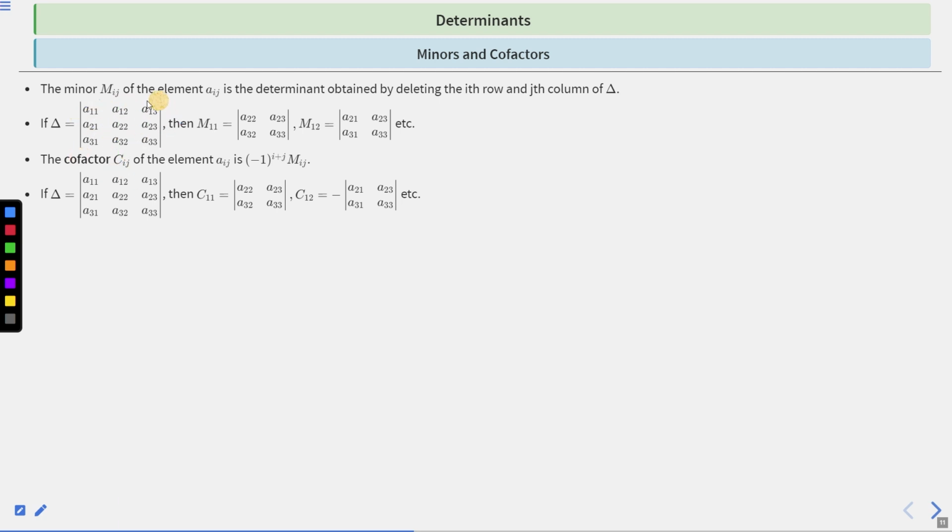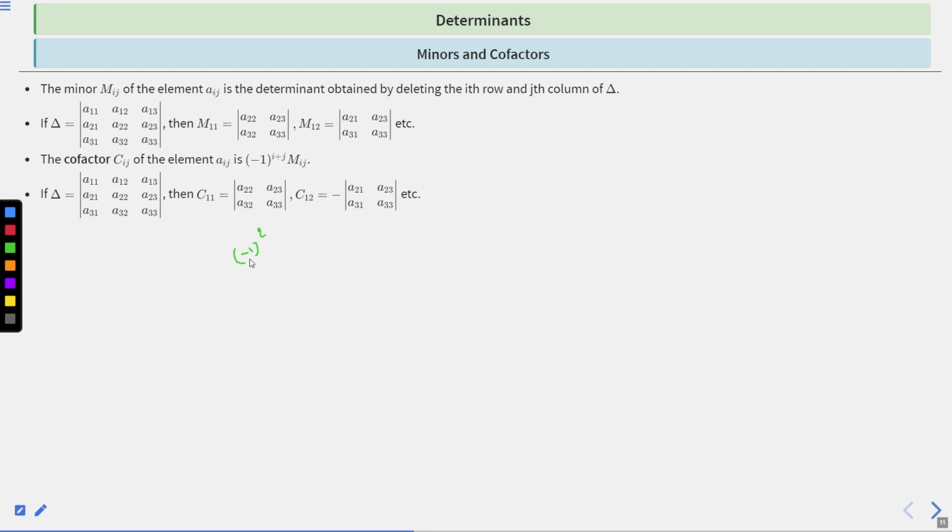Now, let's calculate the cofactor. The cofactor Cij of the element Aij is minus 1 to the power i plus j times Mij, right? Now, if we have to calculate C11, it is minus 1 to the power i plus j, which is 1 plus 1, which is 2, right?